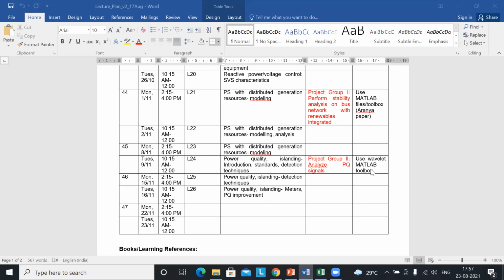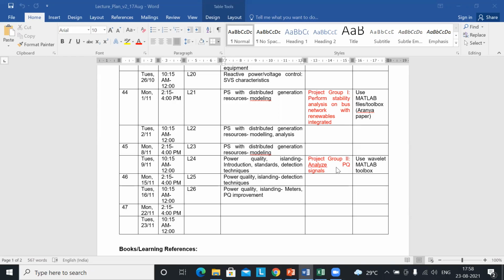With this, we now have the latest version of MATLAB. They have the wavelet toolbox available, and I will provide you the power quality data signals, which we can download from the IEEE standardization website.